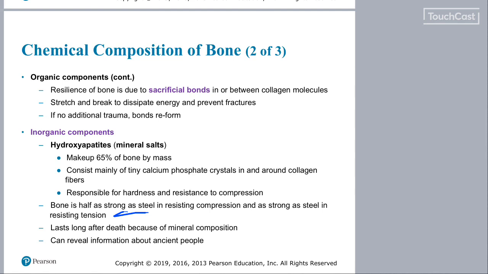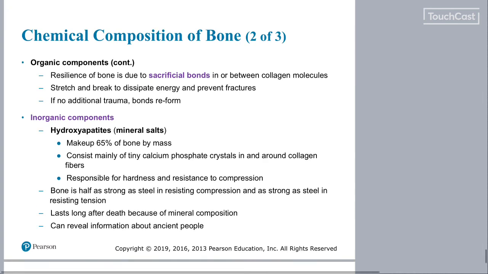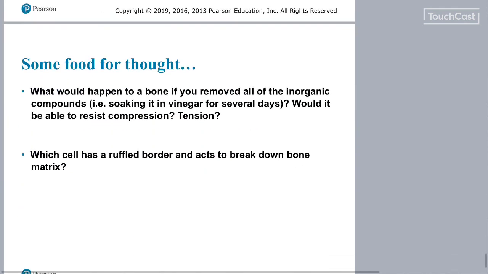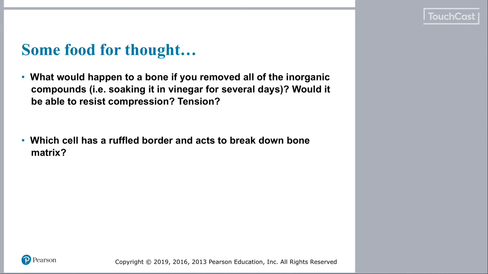These inorganic compounds are going to last long after our death because of that mineral composition. This is how we find information about ancient people. They say, well, they ate this, and we know that they did this, and this is entirely how we find that information out.